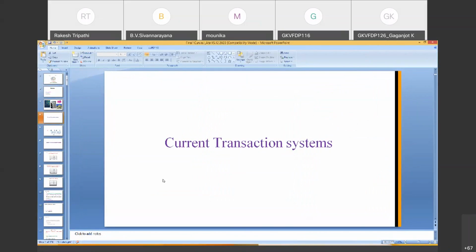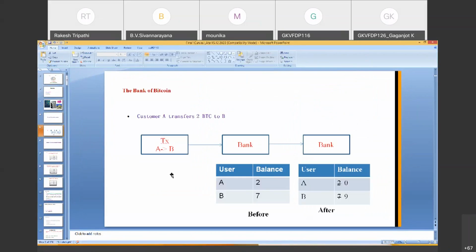If you see the current transaction system, there's a bank, and if customer A is transferring some coin to customer B, say 2, then the bank has this ledger with itself. So 2 Bitcoin is being transferred from account A to account B, so the balance of A becomes 0 and the balance of B becomes 9 after this transaction happens.